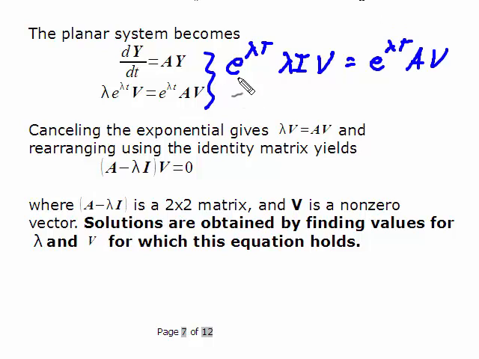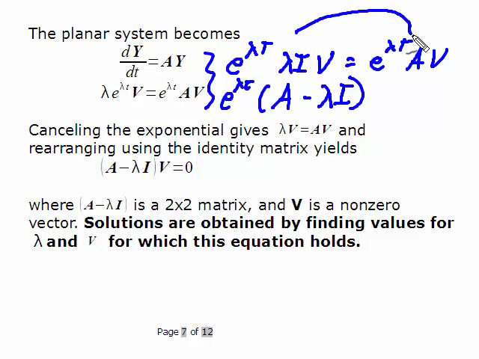So I can combine this onto one side. I'll have e to the lambda t, and I'll combine it onto the other side, so it's traditionally written like that, e to the lambda times I. Because now I can subtract these two matrices. If I just have lambda as a scalar, I can't combine it with a, and I can't factor out v, but now I can factor out v, and this equals 0.